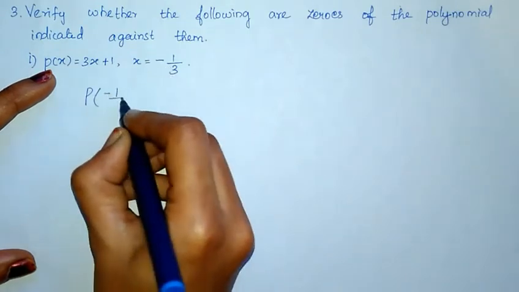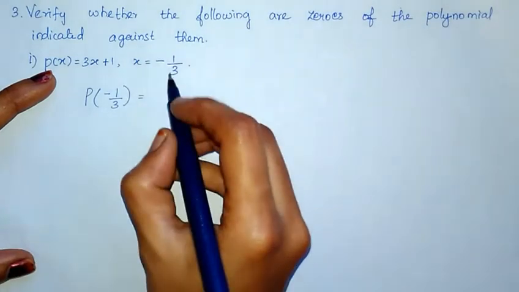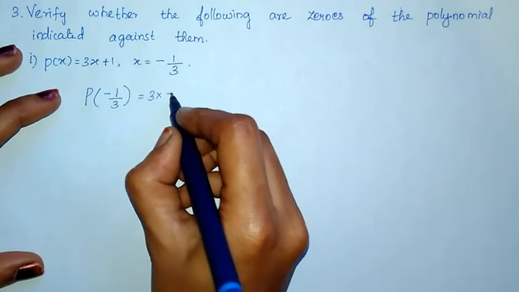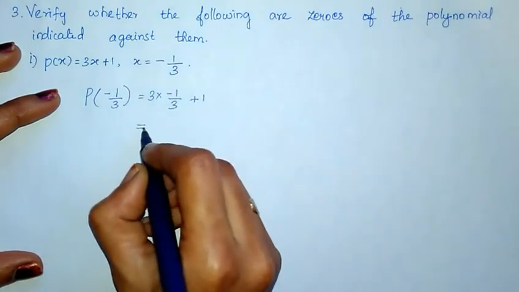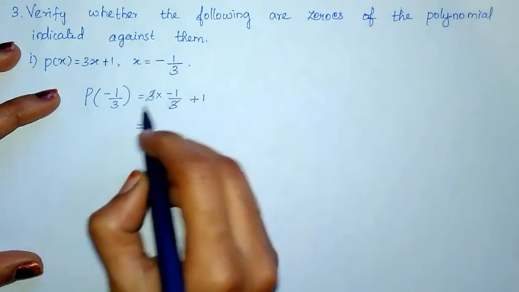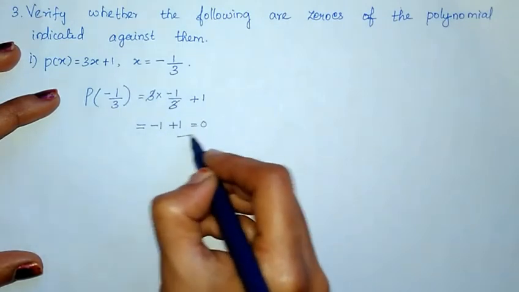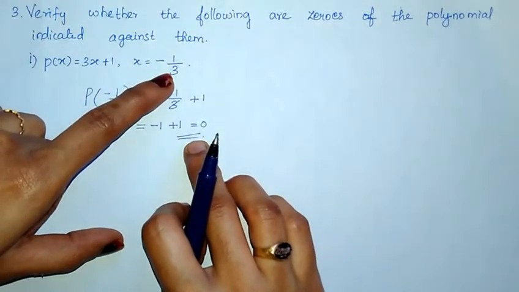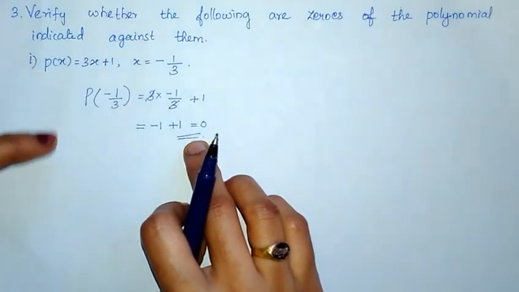So, p of minus 1 by 3 is equal to 3 into minus 1 by 3 plus 1, which is equal to, here 3 gets cancelled, remaining minus 1 plus 1, which is equal to 0. So, we can say minus 1 by 3 is the zero of this polynomial p of x.